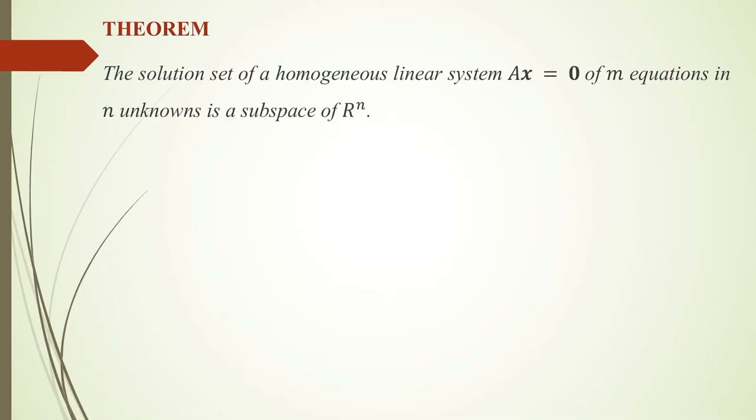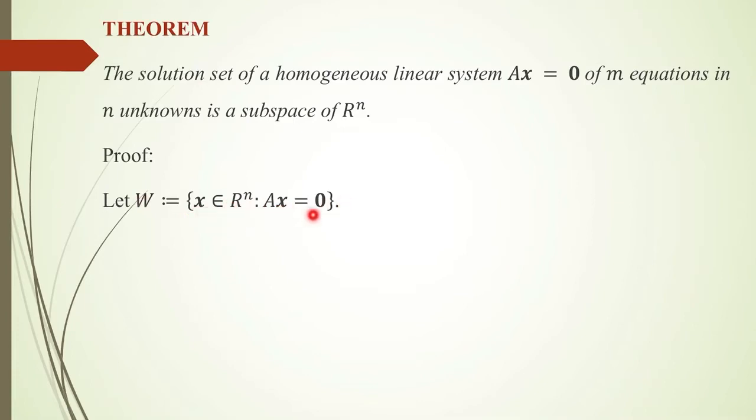So what we have is m linear equations and n unknowns, say x1, x2, up to xn. Suppose Ax equal to 0; we have to show that the solution set of this system is a subspace of Rn. So I am taking W as the set of all x element of Rn where Ax equal to 0.